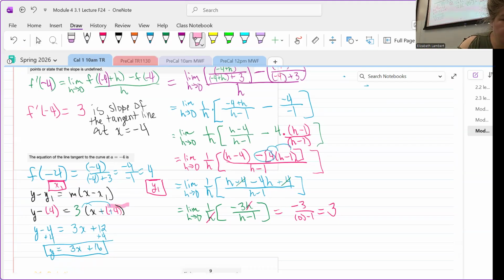But on the exam, you can stop right there. Numbers are in the formula. That is an equation of a line, and that is easier to grade. Now, if you do the rest of the algebra on the test, that's because that's your habit. That's fine. It's not wrong. You just don't have to.